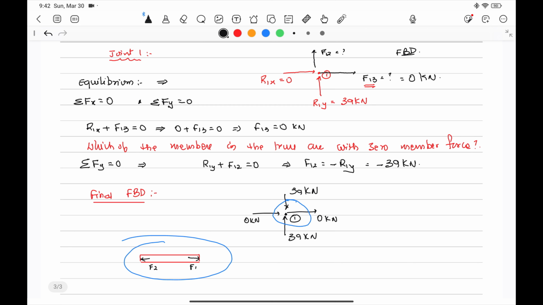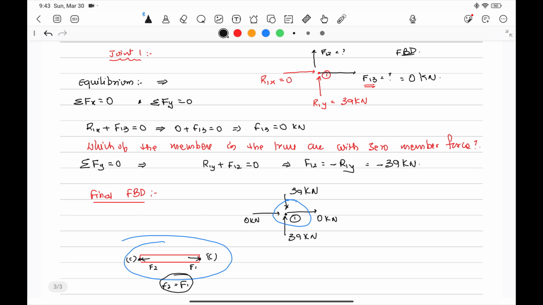are not in equilibrium, what happens? The member itself gets distorted. Within the member, for it to be in equilibrium, this is the direction of the force F1 towards the joint. Here is the joint. Here is the joint. F2 also should be towards the joint. This you please remember. This is compression. This is also compression.